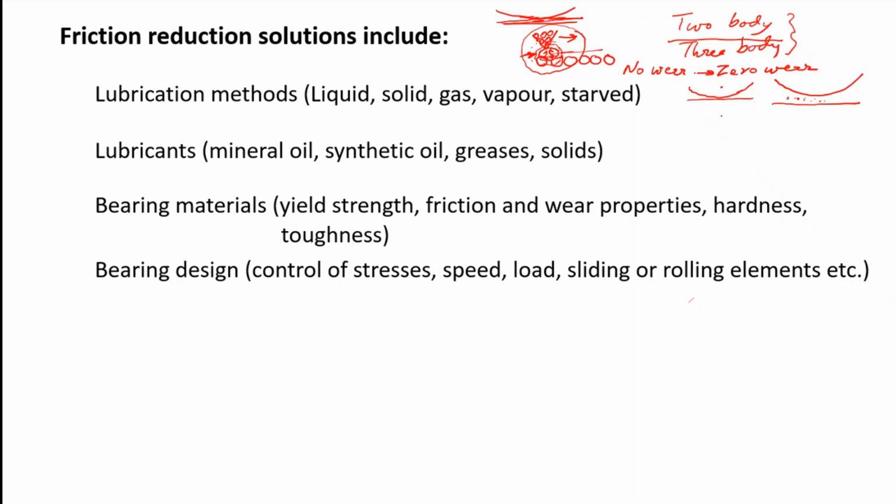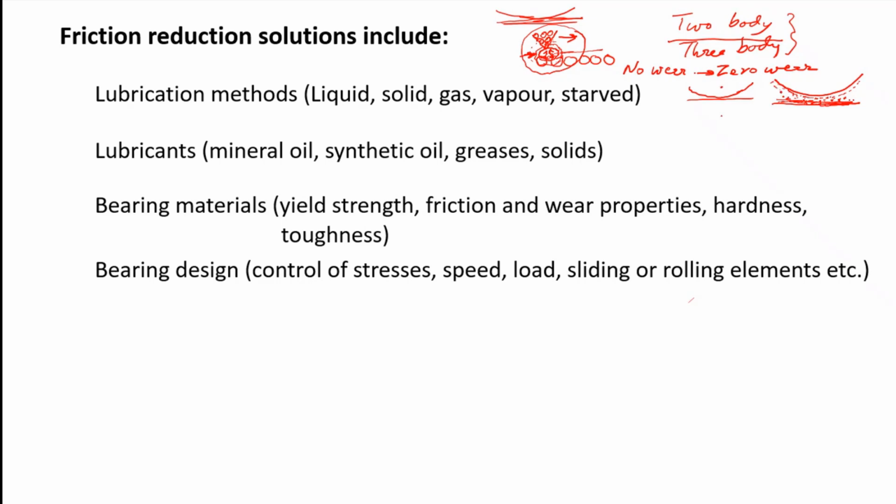So in liquid lubrication, we can say liquid is the third body. And in dry condition, for example, a transfer film will be formed, which will act as a third body, or after wear some oxides will be formed, which will be a third body. In lubricated sliding, there will be some boundary lubricants, boundary film formation.